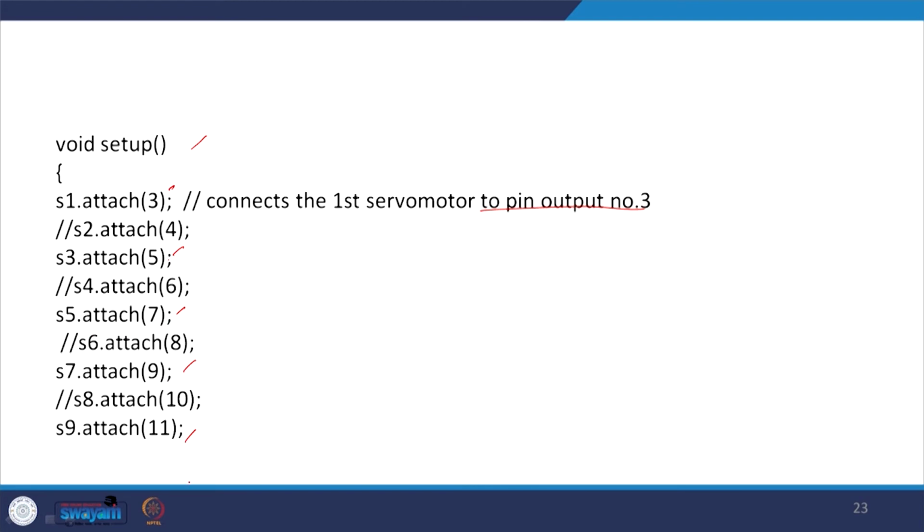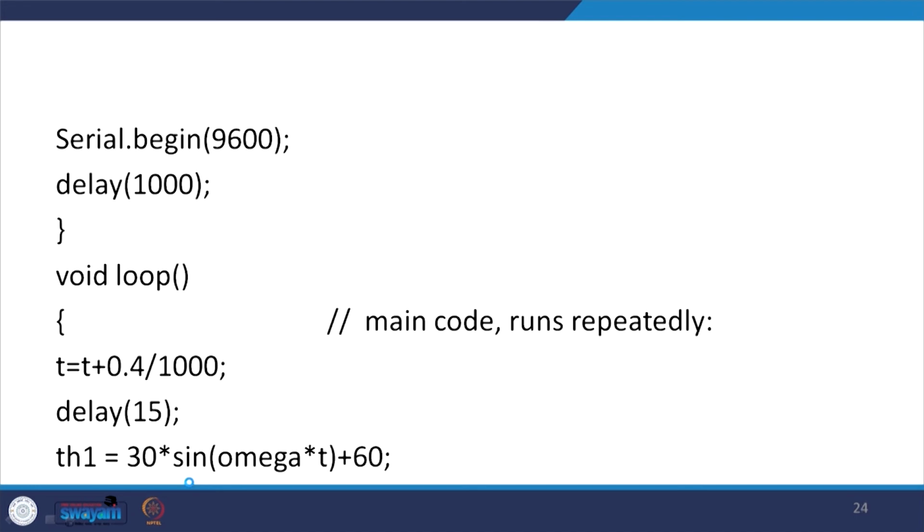So, this is how servos are connected to the pins. Then Serial begin, then we give a delay over here, and then T is defined here, the main code runs repeatedly, there is a further delay, and then theta1 is defined like this.